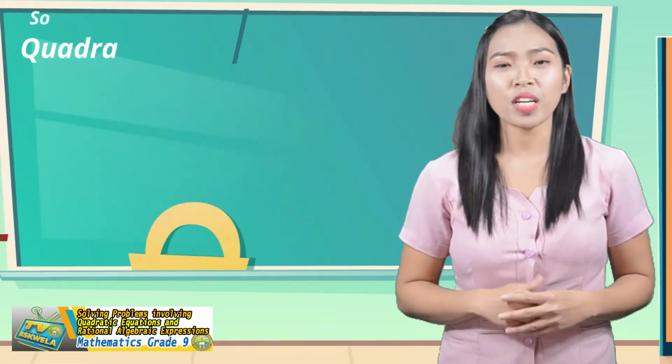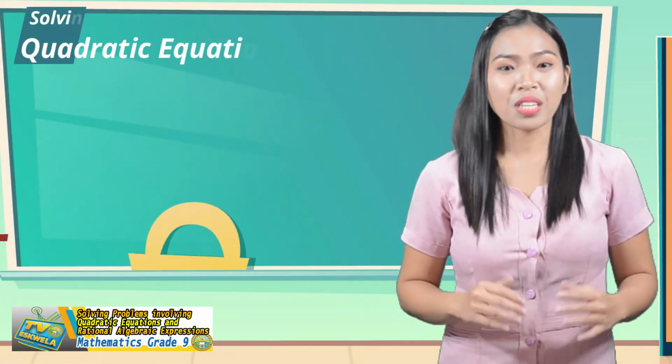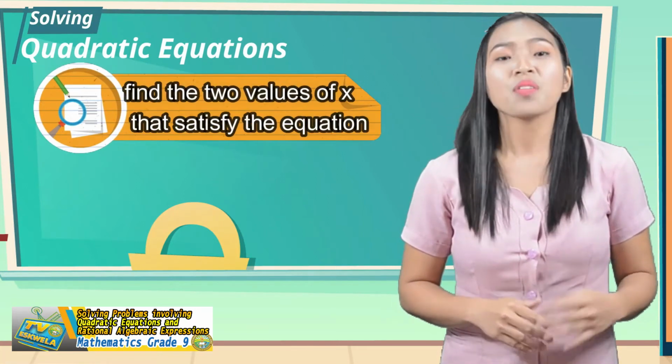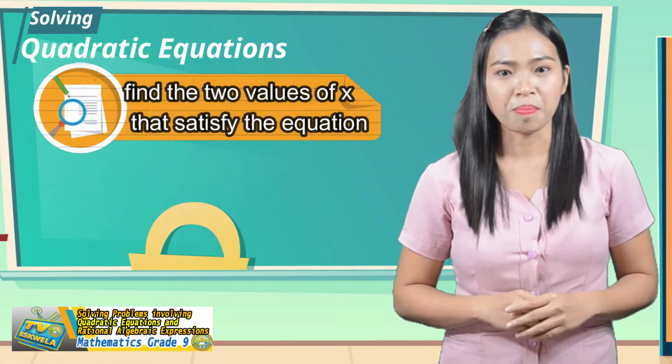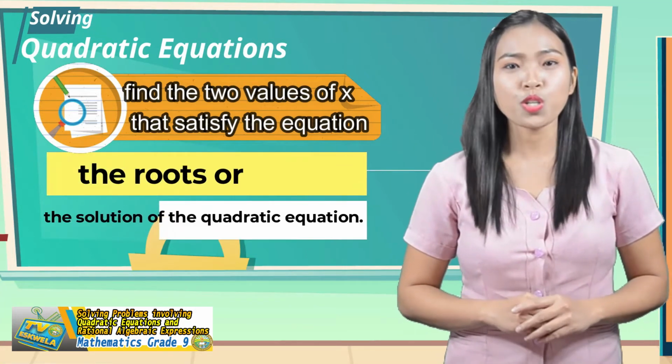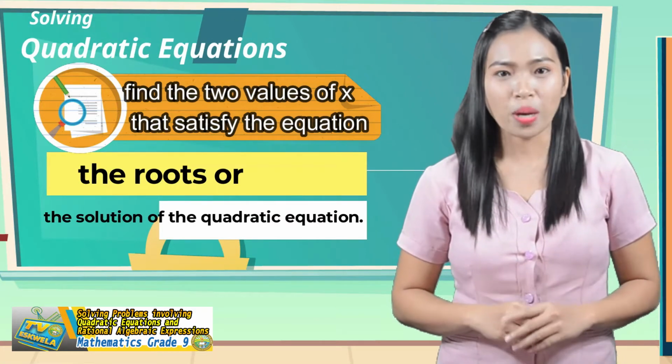When we say solving quadratic equations, this means we will find the two values of x that satisfy the equation, and these are called the roots or the solution of the quadratic equation.